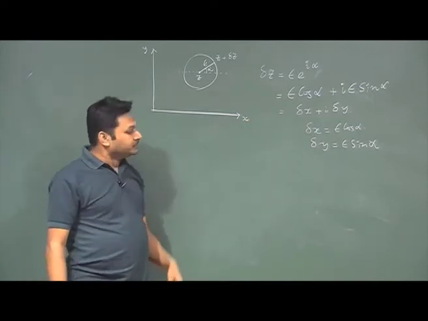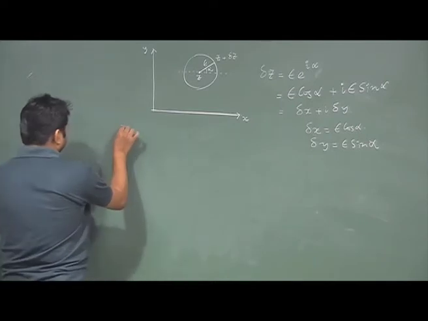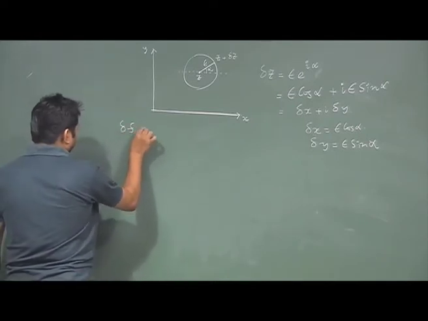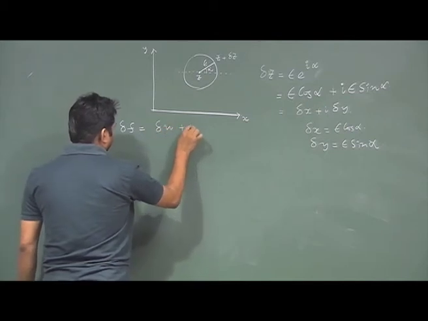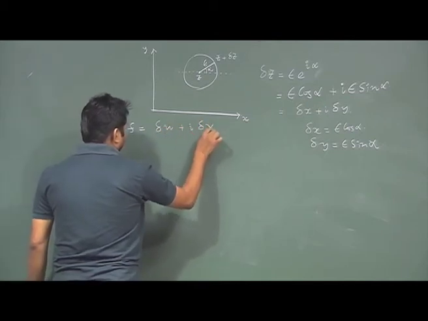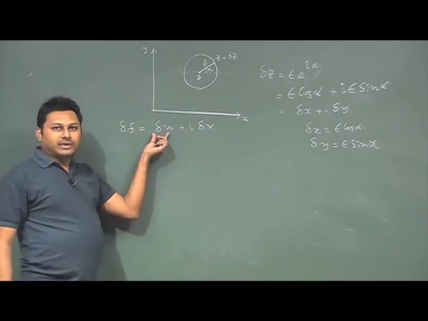Now, delta f is delta u plus i delta v. u and v are functions of x and y.